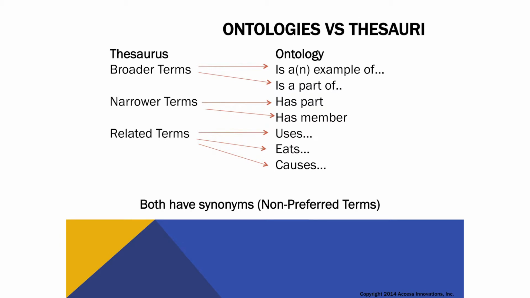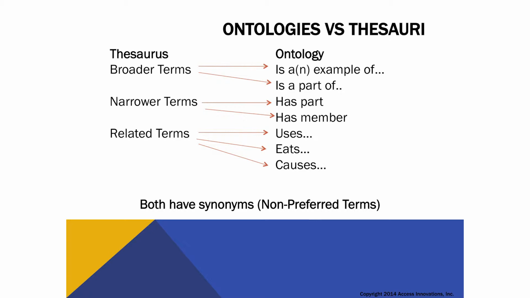So what is an ontology versus a thesaurus? As I sort of said, in a thesaurus you will have broader terms. In an ontology you will have specific kinds of broader terms. Narrower terms, you can say, it doesn't just have narrower terms, it has parts, it has members, so that under your category dogs, dog anatomy and dog breeds aren't intertwined in the same way they are in a thesaurus.